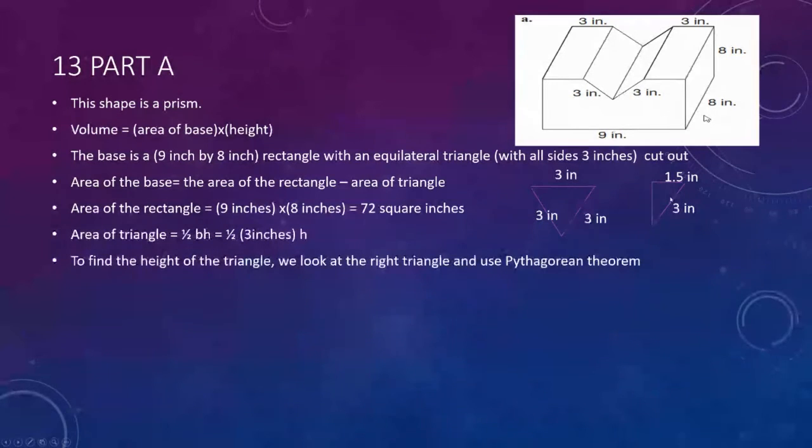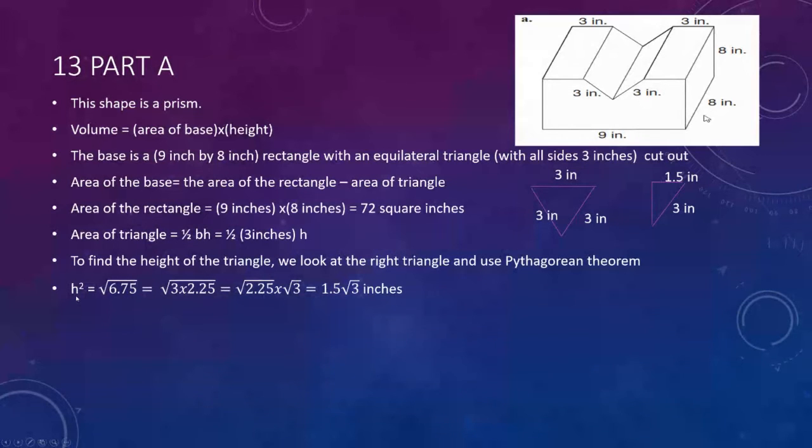To find the height of the triangle, I looked at this right triangle here, which I got by just drawing a line up and down, and we know that the hypotenuse is 3 inches, and this leg of the right triangle is 1.5 inches. So we use the Pythagorean theorem, a squared plus b squared equals c squared, where c is 3 inches.